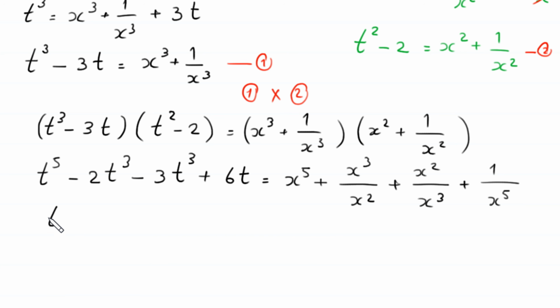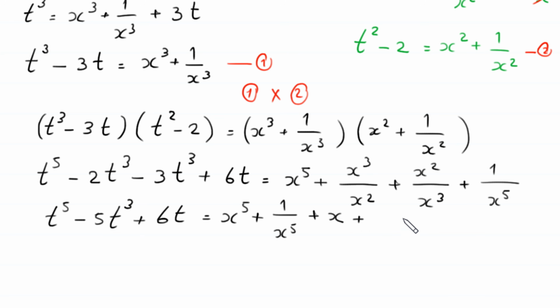Next, t to the power 5, this negative 2t cubed minus 3t cubed will become negative 5t cubed plus 6 times t is equal to x to the power 5 plus this 1 over x to the power 5 plus this x cubed over x squared will become x, plus this x squared over x cubed will become 1 over x.